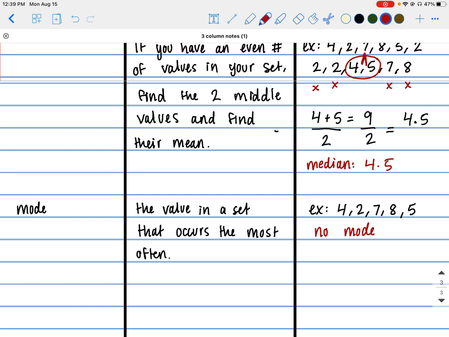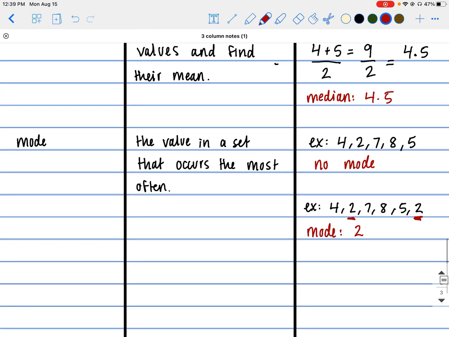So in that case, there is no mode. Now I'm going to use the one when we added that 2. There would be 4, 2, 7, 8, 5, 2. Now do you see how 2 occurs the most because there's 2 2's, but there's only one of everything else? So in that case, the mode would be 2.